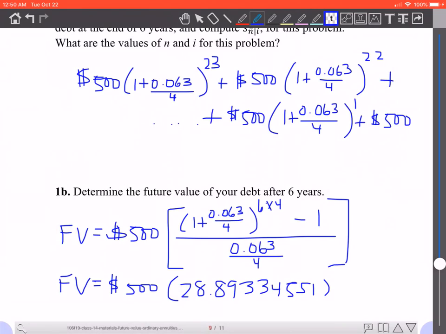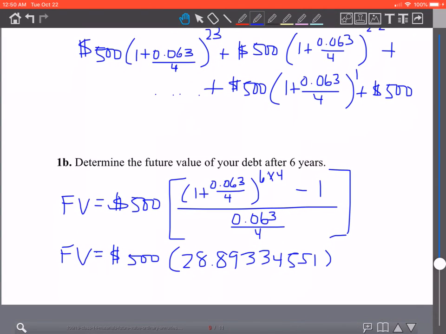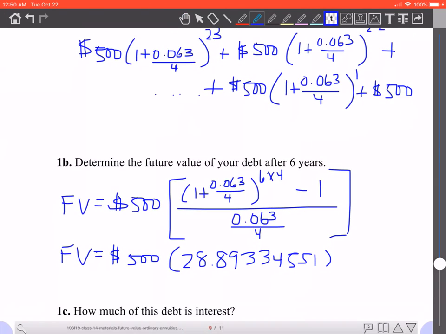I got $14,446.67. Now, interesting question. How much of this debt is interest?